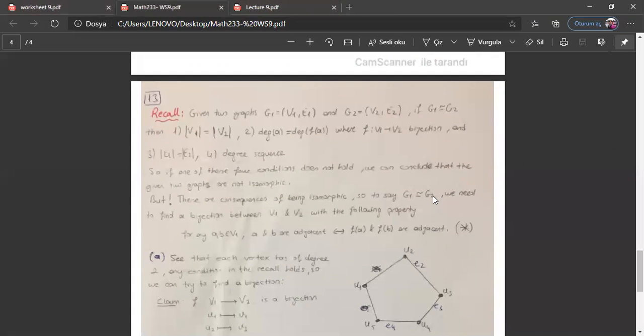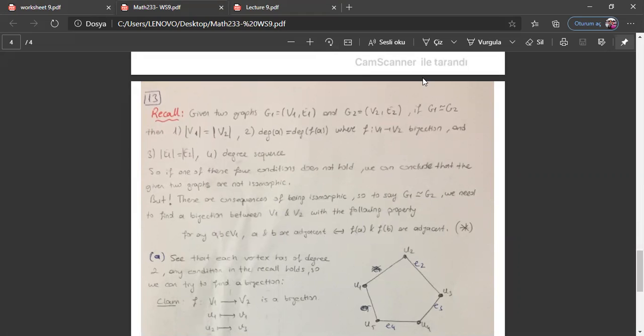We say they are isomorphic if we can find a bijection between them. A bijection is a function which is one-to-one and onto, okay? And this bijection should satisfy this property: if A and B are adjacent or are neighbors, then their images should be neighbors too, okay?